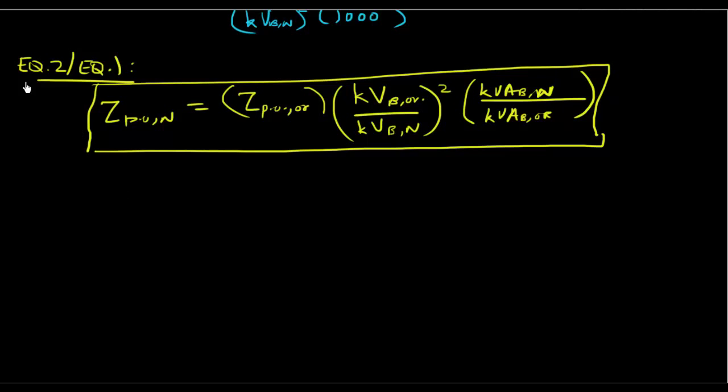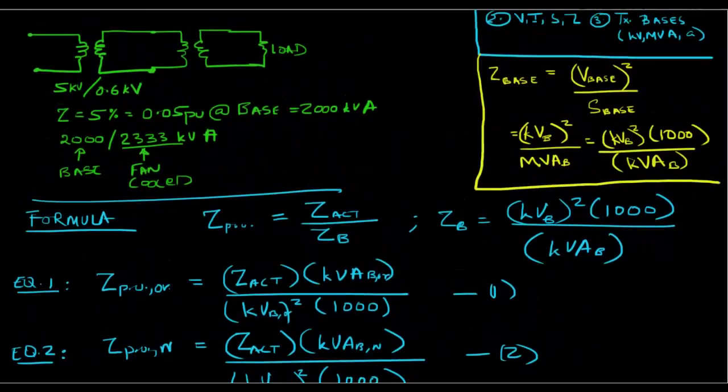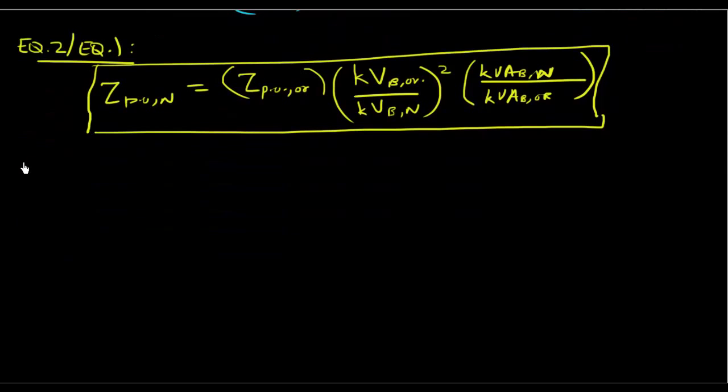So let's go back to our transformer. What have we been given? We've been given an impedance of 5% at 2000 kVA. We've been given the base as 5 kV on the primary, and so let's use this information. All right, so let me solve this example here.